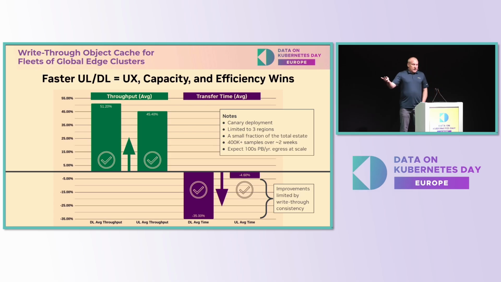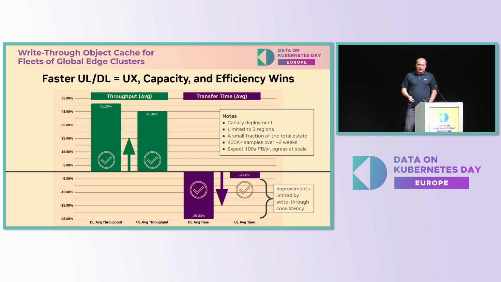So specifically, we saw download throughput increased by about 51%, which materialized as a concrete 35% reduction in the download transfer time. So that translates to happier users, waiting less time to resume their next session.